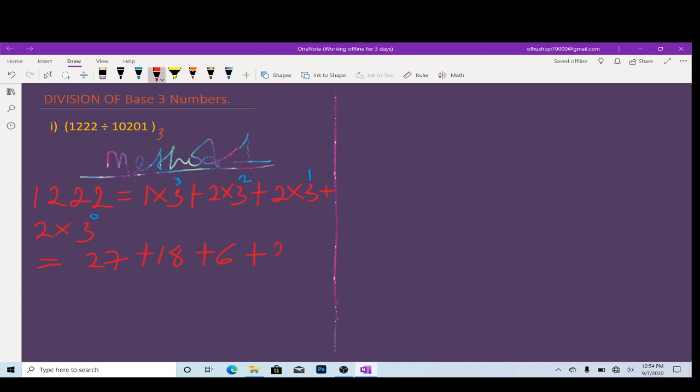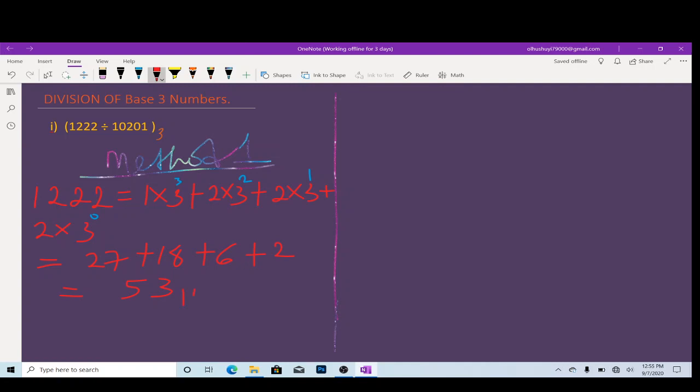So you have 2 here. Then you can add up: 27 plus 18 plus 6 plus 2 gives us 53.